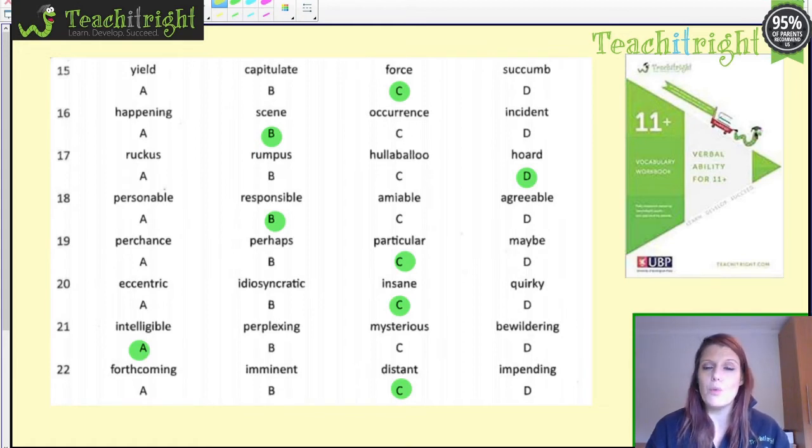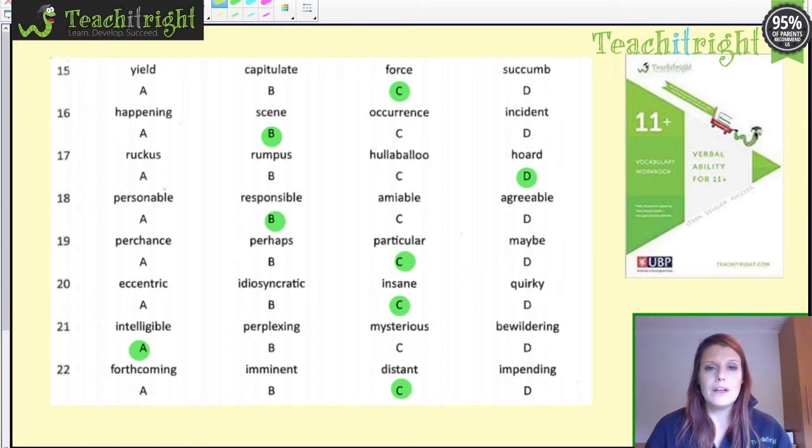All the others mean to give way or give in. 16, they're words for something that has happened, whereas a scene is, it could be a scene in a play, or you might approach the scene. It's a location. Number 17, to hoard means to stockpile things, to keep things unnecessarily, whereas ruckus, rumpus, and hullabaloo are all types of chaotic things, a noisy commotion.